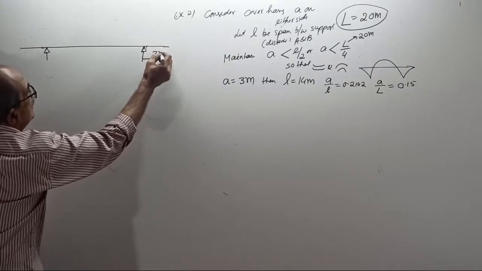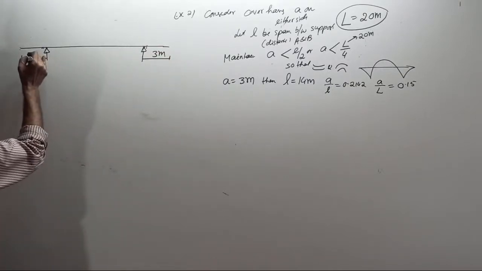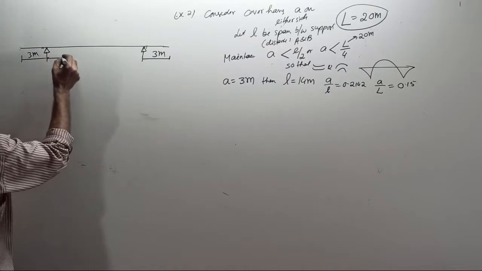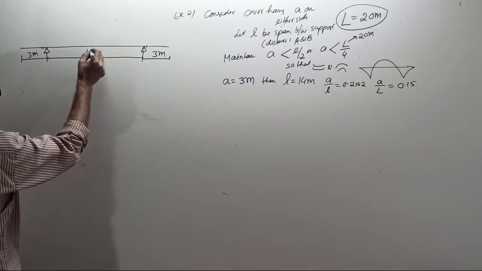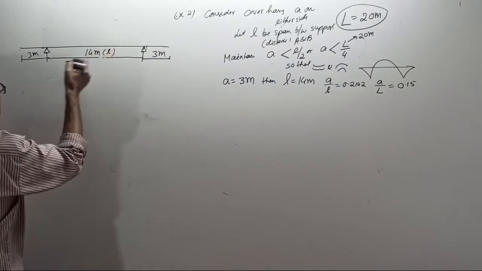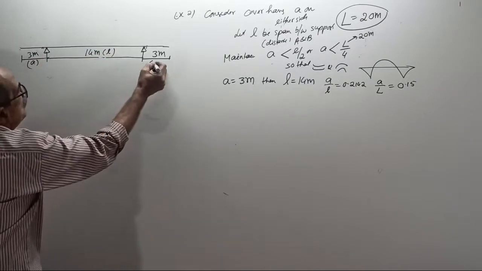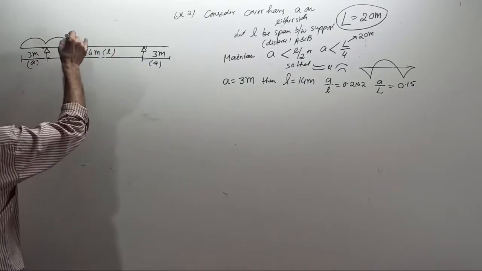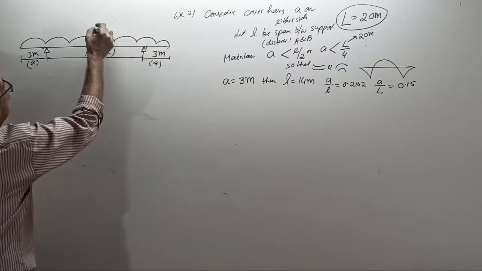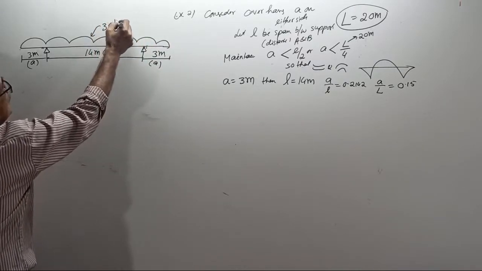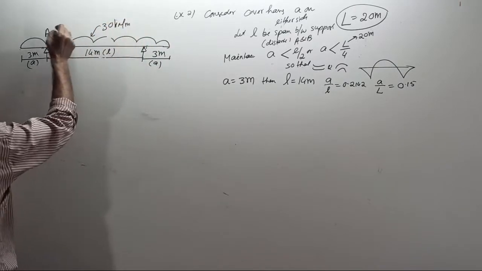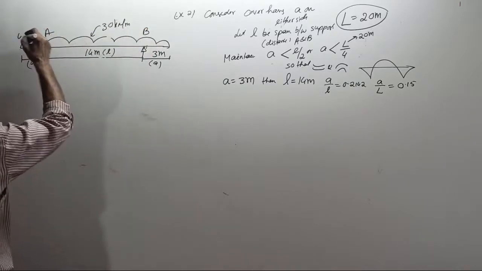This is L, this is A, this is A. UDL is here, UDL of 30 kilonewton per meter. This is A, this is B, this is C, this is D.